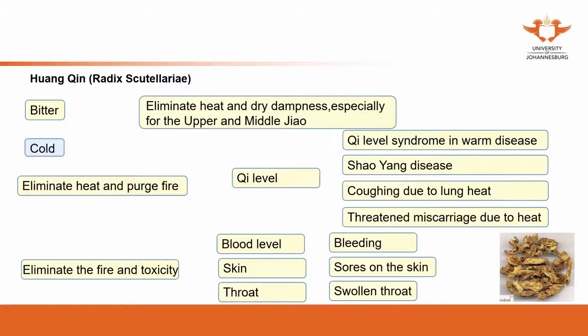In this formula, the author Zhang Zhongjing used 柴胡 and 黄芩. The dosage is very important.